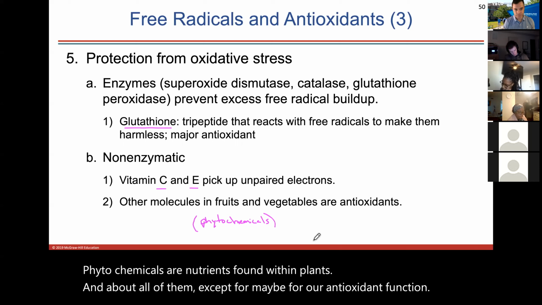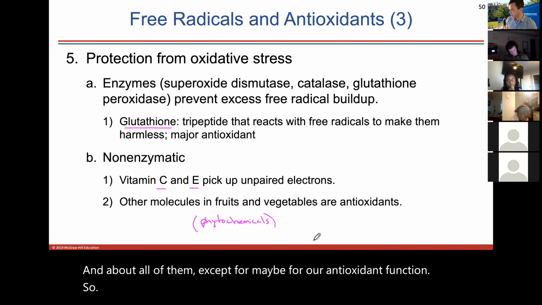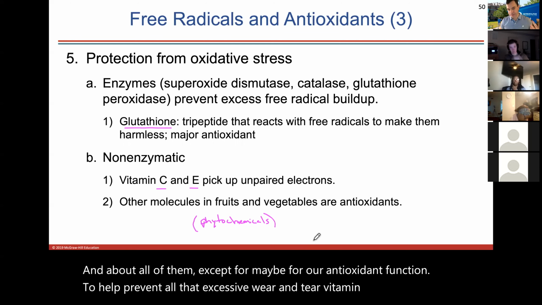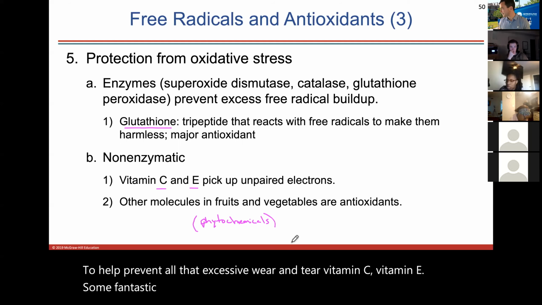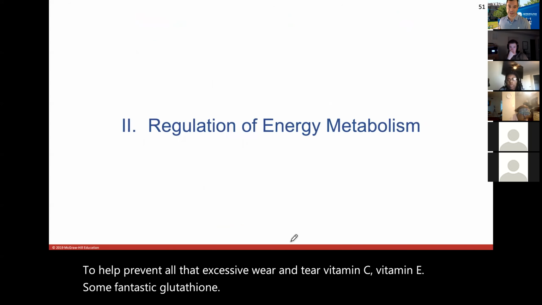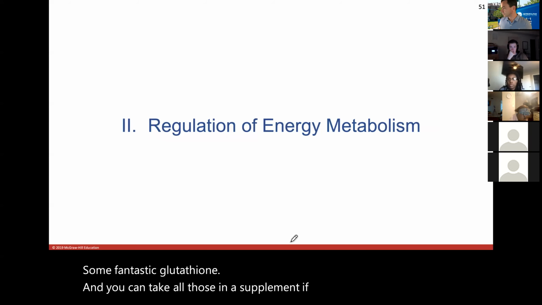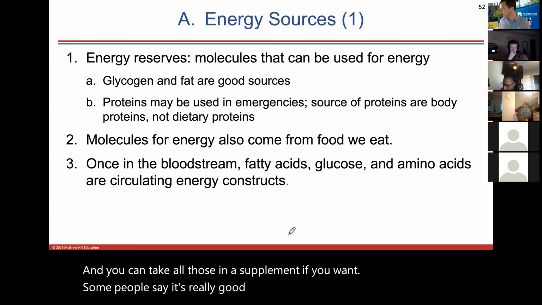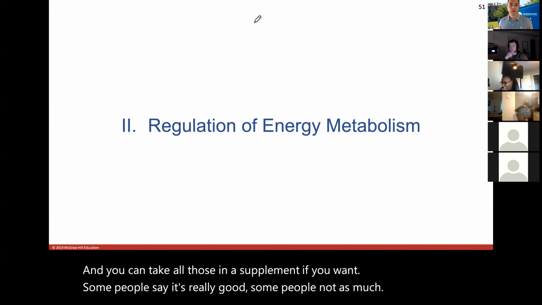So to help prevent all that excessive wear and tear, vitamin C, vitamin E, some fantastic glutathione. And you can take all those in a supplement if you want. Some people say it's really good. Some people not as much. But you can add that in your pill.